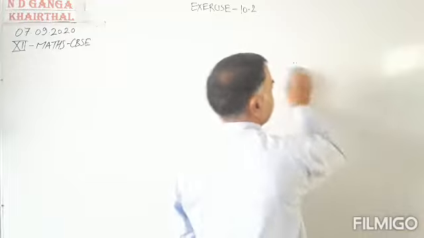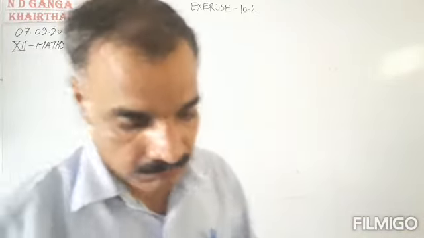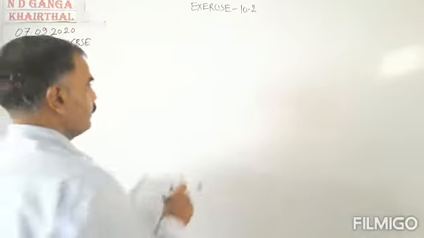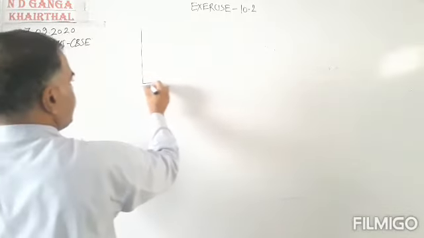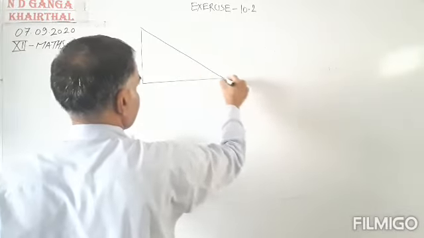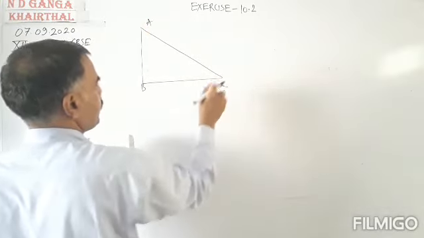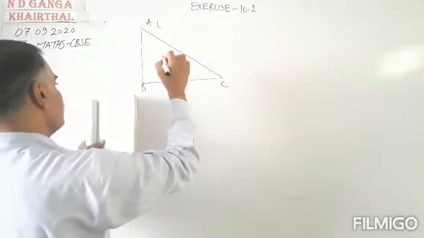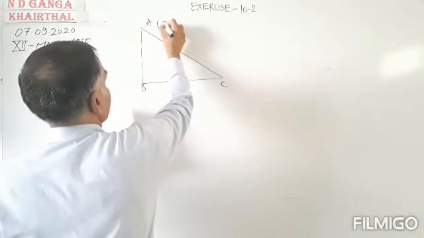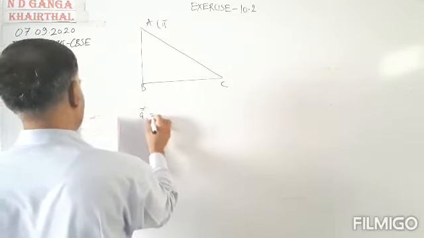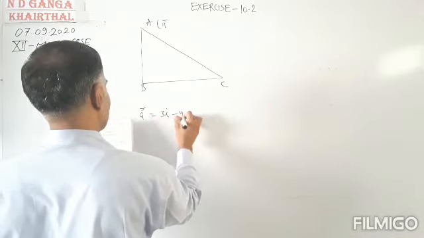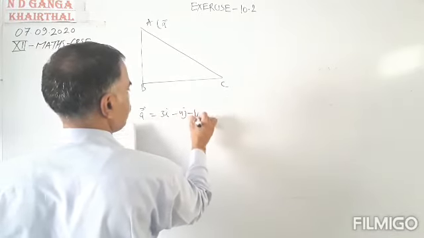We have been given the position vectors of the vertices. Vertices means the points A, B and C of a right angle triangle. So A vector is equal to 3i cap minus 4j cap minus 4k cap.